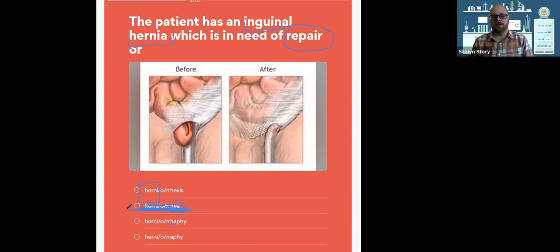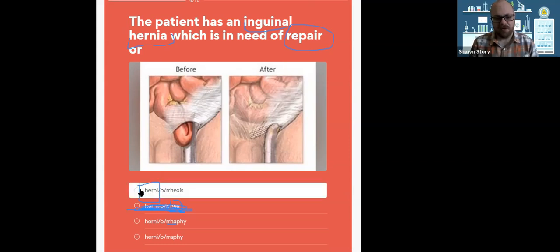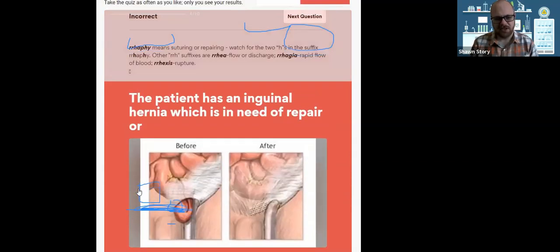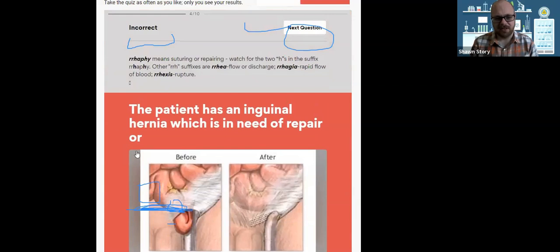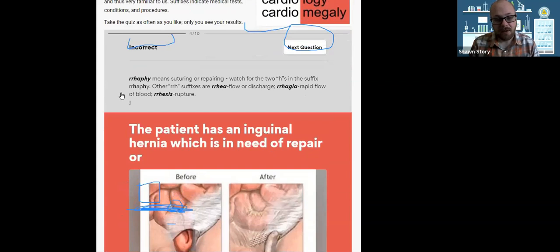Repair was not one of our words that we looked at. So one of these words would mean repair. The one we don't know, which is the one on top. I don't think that's the answer. Nope, that is incorrect. So they're saying rrhaphy means repair.